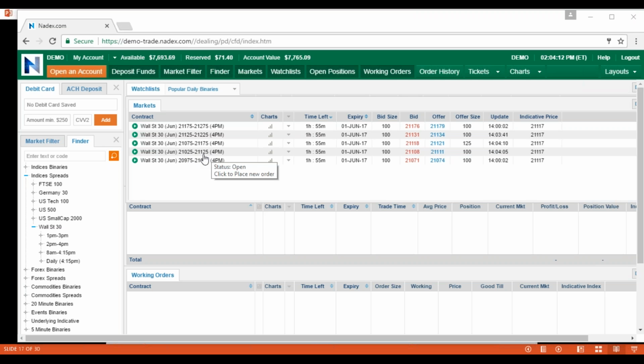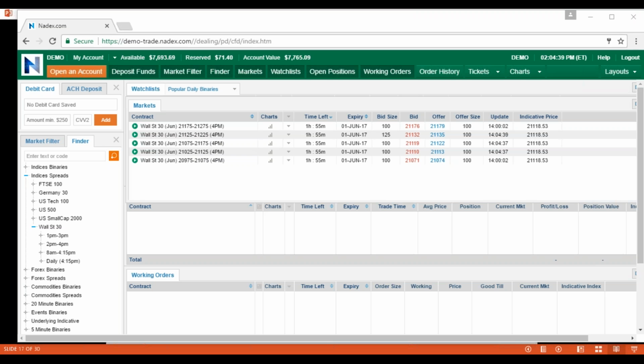That's the top of the spread, and it goes down 100 ticks. Everybody see that? Look at this spread. The same number, 21,125, and it goes up 100 ticks. Okay?